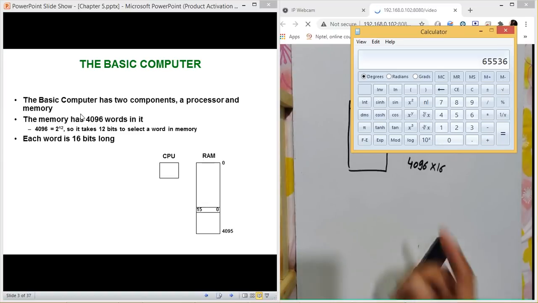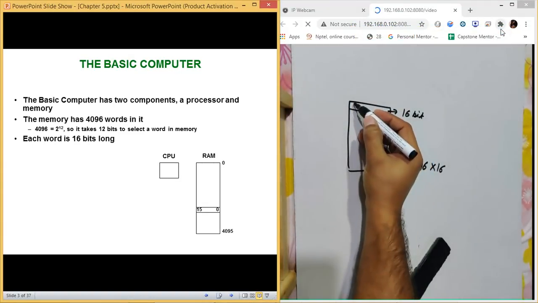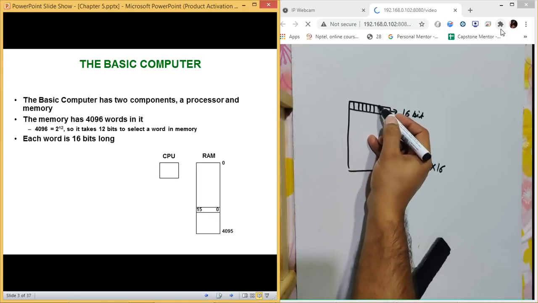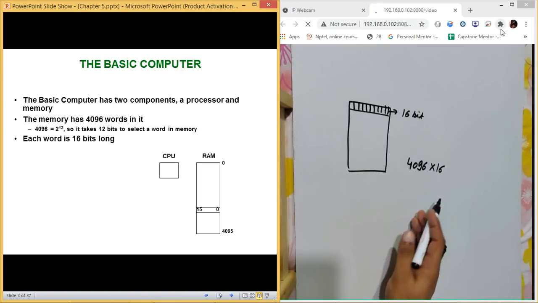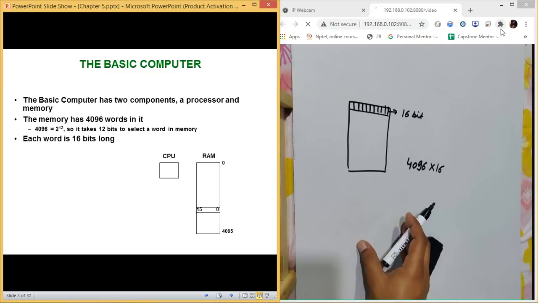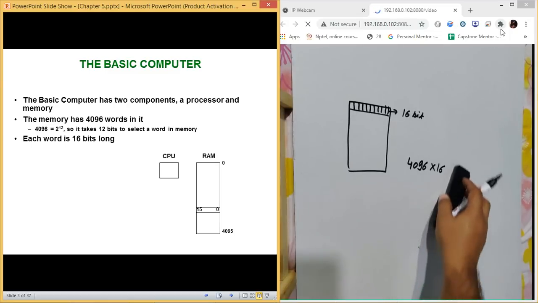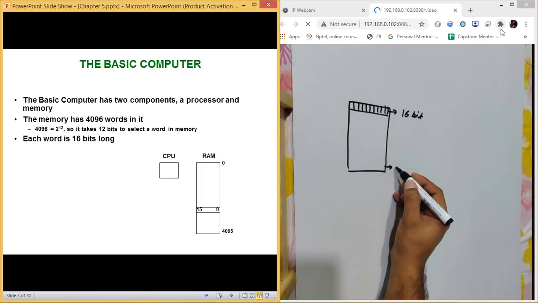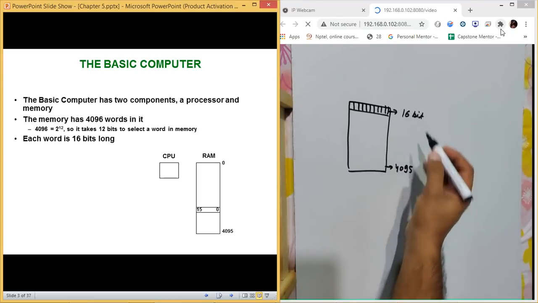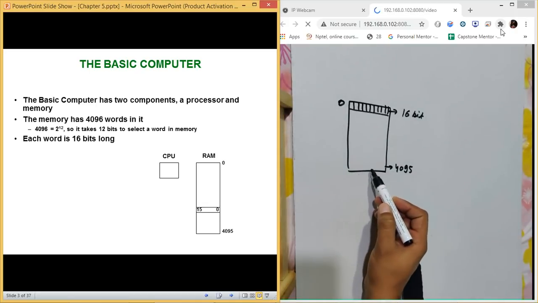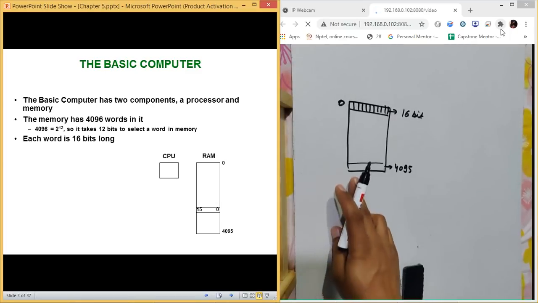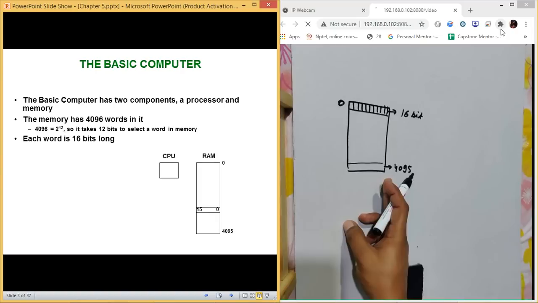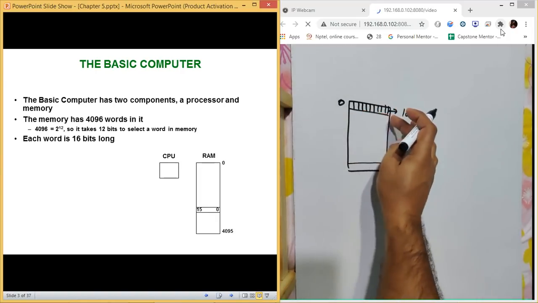What this 16 bit signifies, according to this circuit, is that there are 16 bits in one word, and there are 4096 into 16 total bits inside the memory. Because we start from 0, the last address which we have is 4095. These are the total number of words, that is 4096, and each word has 16 bits.